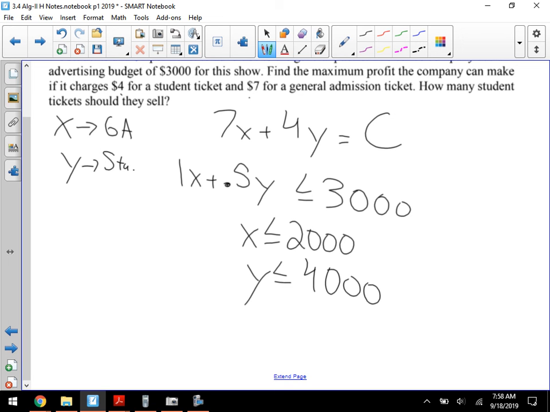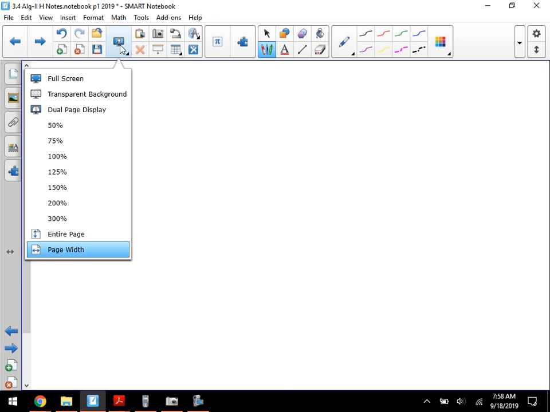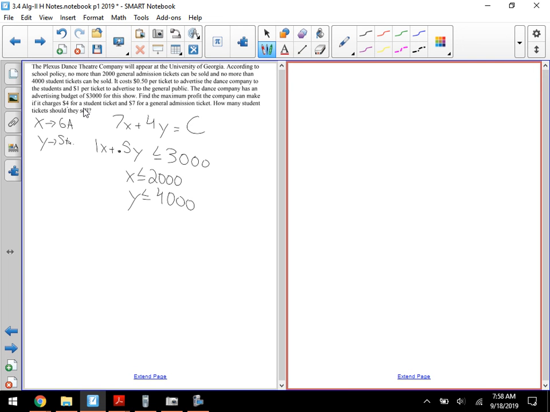Here's where people mess up. Intercepts. Cover and solve. You have an x-intercept at 3,000, a y-intercept at 6,000. The y-intercept is 6,000 because half of what number is 3,000 is what that's asking for.